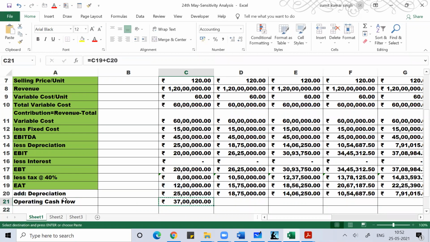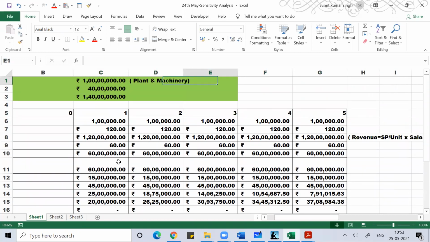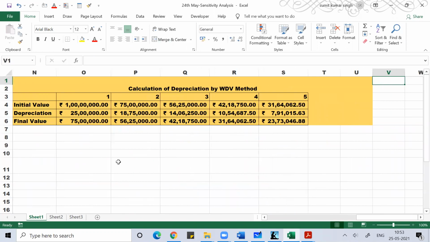The same depreciation which we calculated here by working on the WDV method. I hope you remember we worked on the WDV method here. The rate of depreciation given as per the WDV method was 25%. 100 lakh rupees was the total cost of investment on plant and machinery, 25% was the rate of depreciation, and the life of the plant is 5 years.